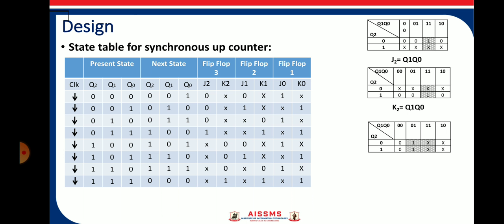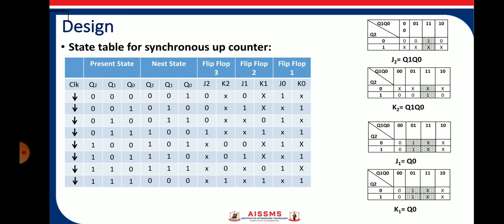Next is the K-map for J1. Here 2 ones are available, but nearby there are don't care conditions also, so grouping of 4 ones is possible, and out of that 2 rows and 2 columns, only 1 bit is unchanged, that is Q0. So J1 equals Q0. Same way, K1 is exactly similar to J1, so K1 equals Q0.